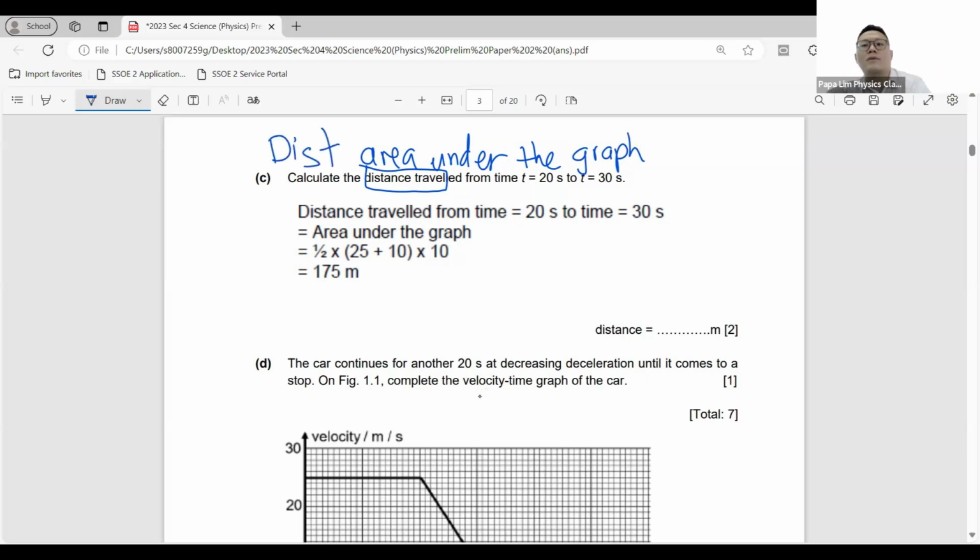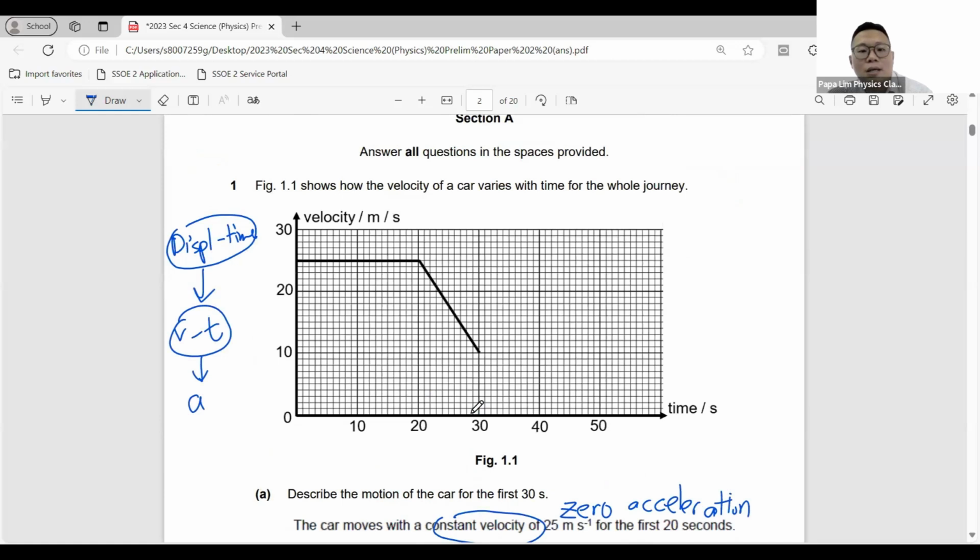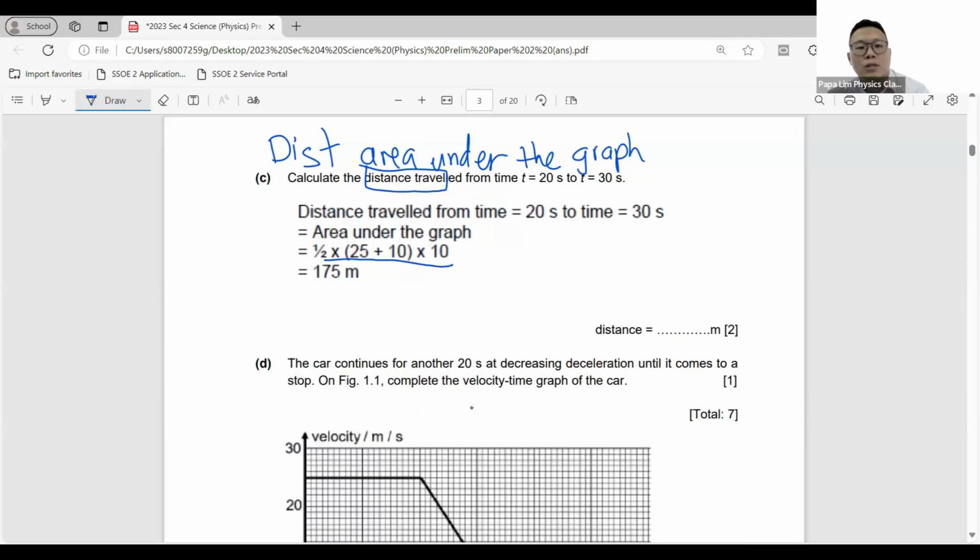So the distance traveled in this case is the area under the graph between 20 and 30 seconds. It will be this particular shape here, which is a trapezium, or what we call a triangle plus a rectangle. So the question is asking us to find the area under the graph from 20 to 30 seconds, this trapezium, and that area will be the distance traveled.